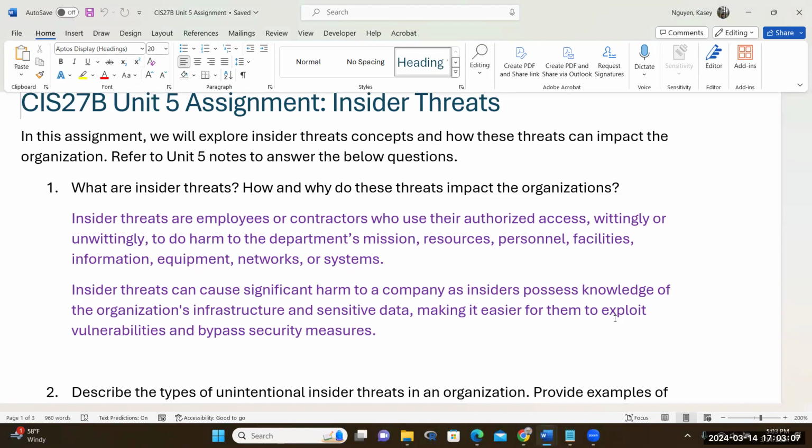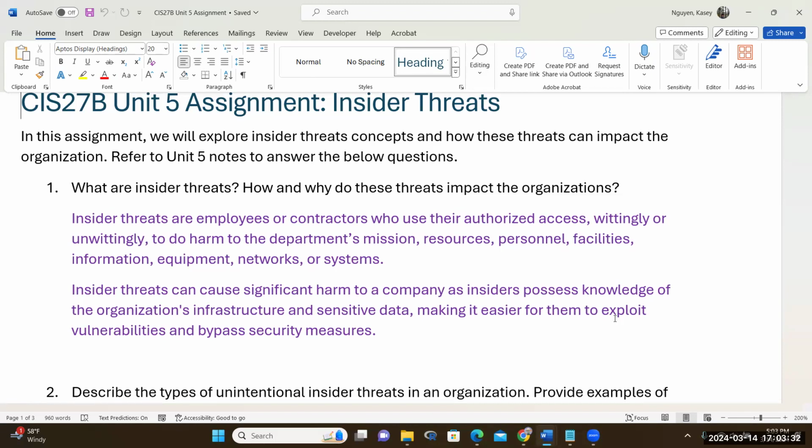So insider threats are threats where the insider is committing some kind of activity that causes harm. Sometimes it could be downloading malware, and that could be accidental. Sometimes it's intentional. An employee disagreeing with another employee, or not getting a raise, so they corrupt data and so on.